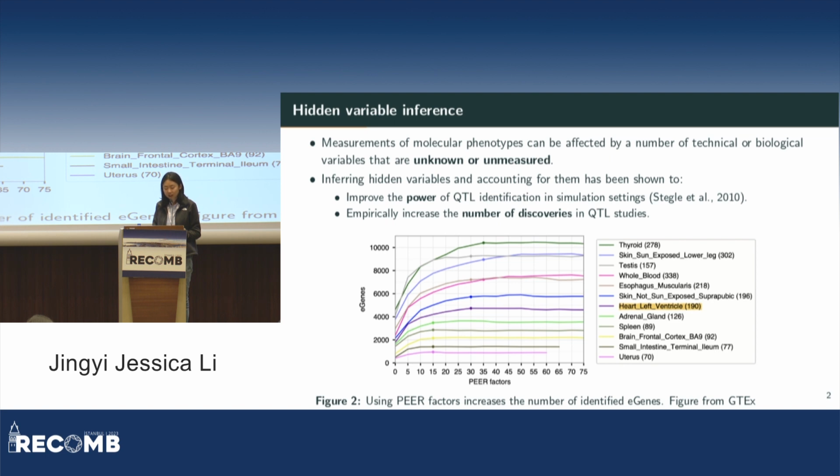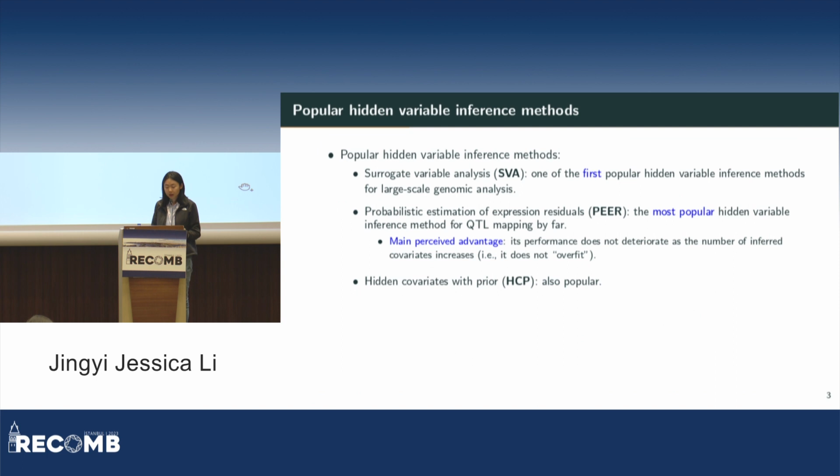Interestingly, empirically, the PEER factor numbers were chosen to increase the number of discoveries, so you can see that there's some plateau effect in the GTEx study. My student Heather became interested in this question because she wanted to understand what exactly made PEER the state-of-the-art method for GTEx analysis.